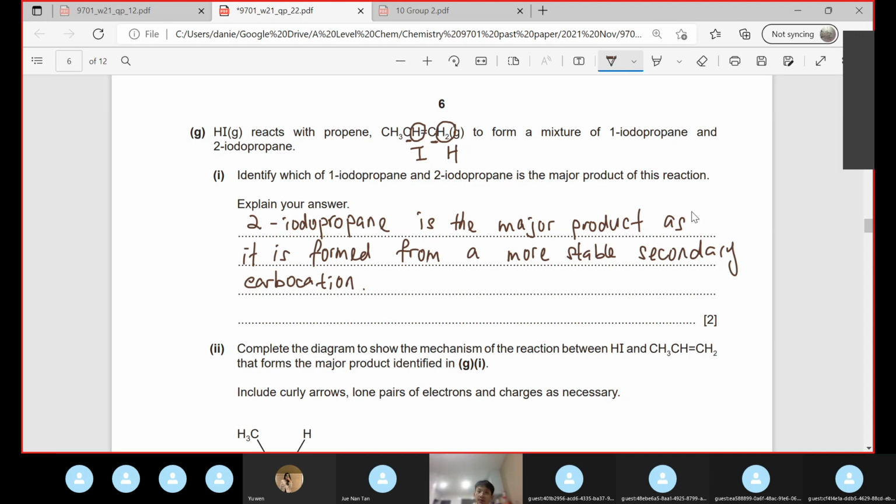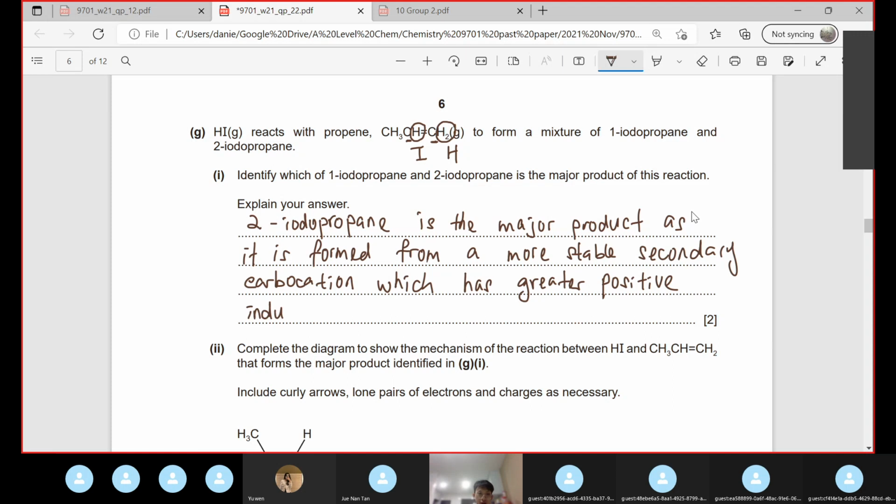Then you need to further explain why secondary carbocation is more stable, because it has greater positive inductive effect.